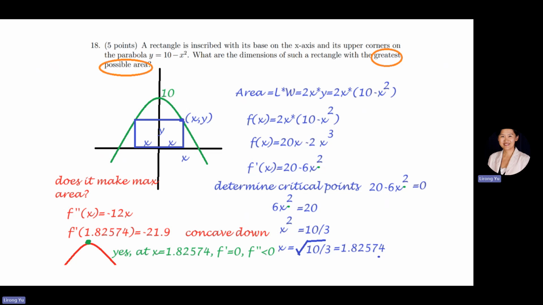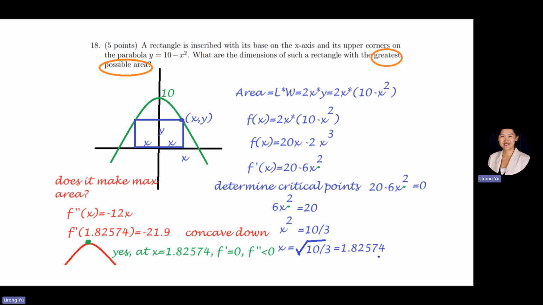If the function is concave down, right where the derivative equals 0, that has to be a maximum. This is called the second derivative test. When the first derivative equals 0 and the second derivative is negative, we have a maximum. That's what's shown in the picture: at the lower left corner, I drew a little curve to indicate that for the function f, we have a maximum there. So we know that if x equals 1.82574, we have a maximum area.